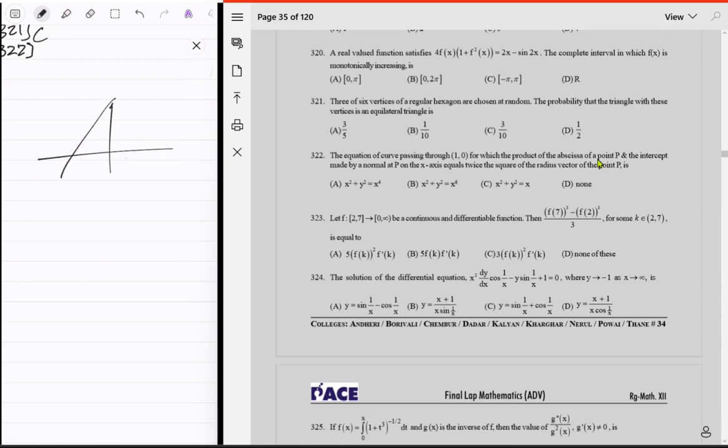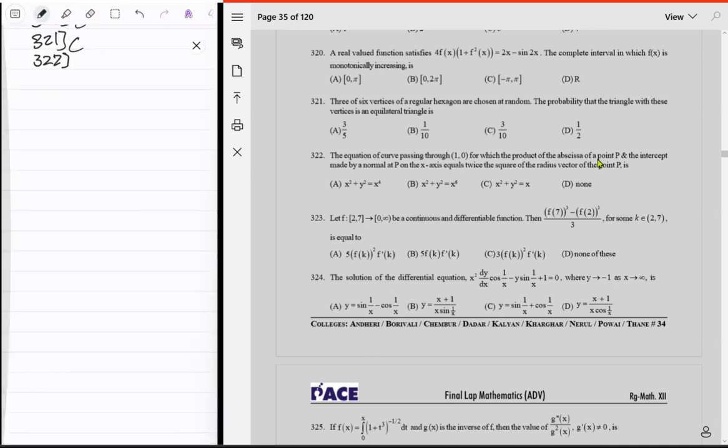Okay, how will the normal look? Suppose P is (x0, y0), then what's our normal going to be? (y minus y0) upon (x minus x0) is equal to negative 1 upon y dash, where y dash is at x0, of course. And for the x-axis we just want y equal to 0, so that just means x minus x0 is equal to y0 y dash.